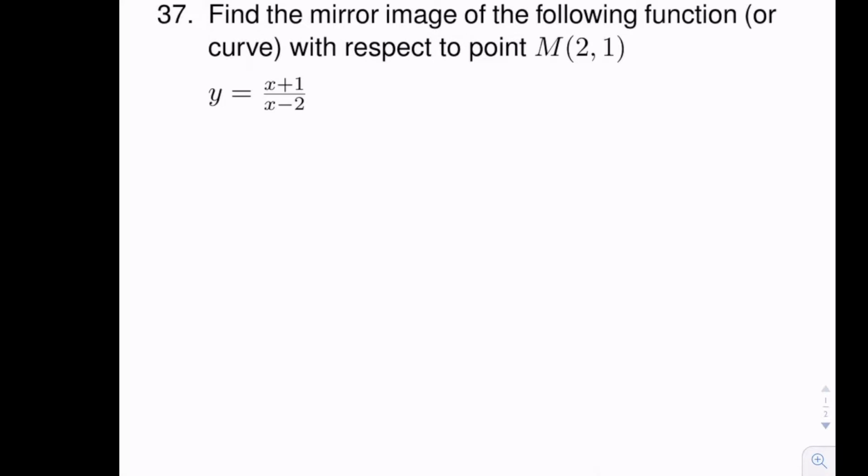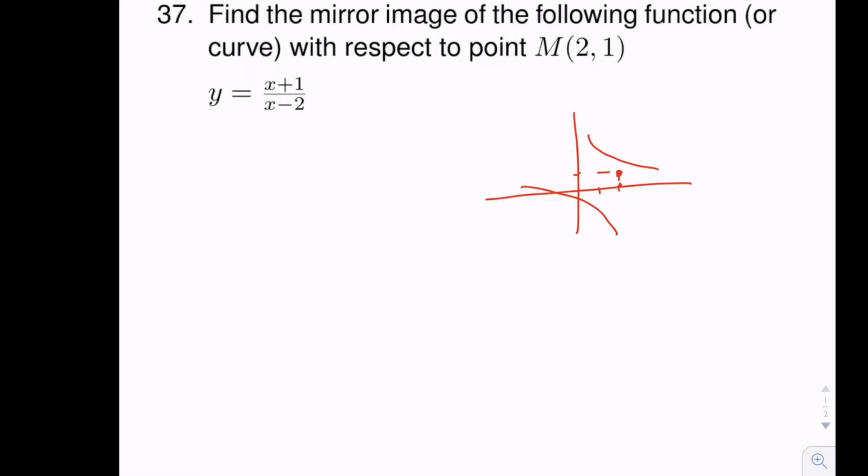And what we want to do is to find the mirror image of a function, let's say this function on the xy plane with respect to a point (2, 1).